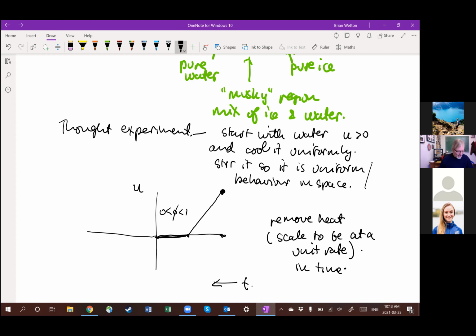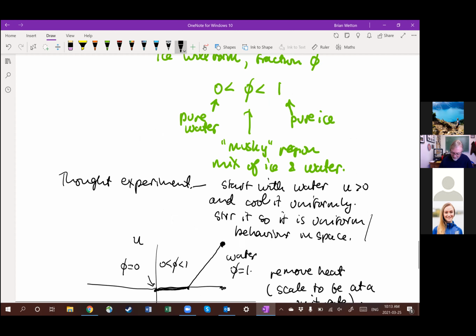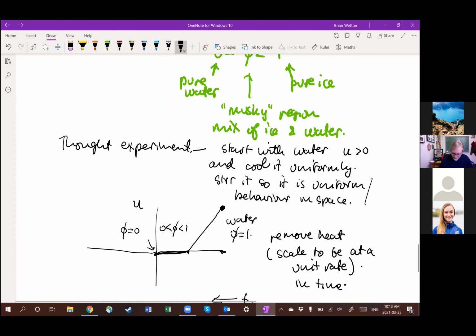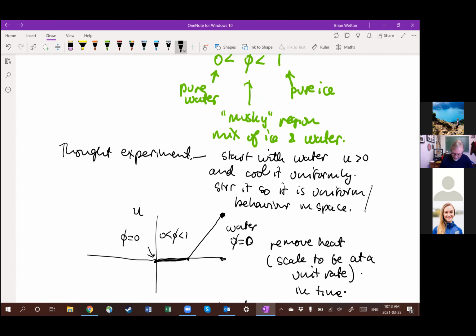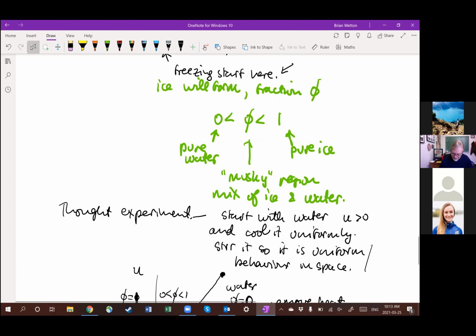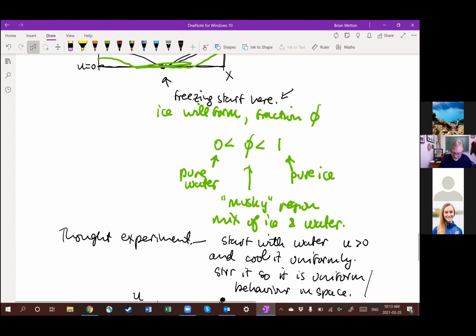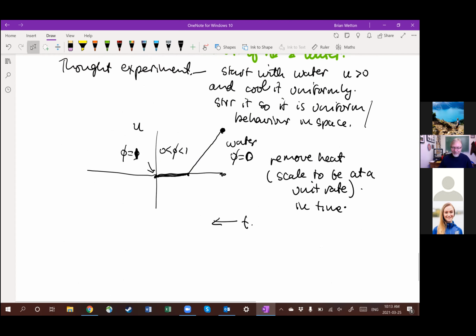Here is water out here, and then once I'm here, there is where I don't have any water left. Oh, I got this backwards. Water is 0, ice is 1. Is that what I got? Yeah, okay, sorry. It's a fraction of water or a fraction of ice. I got mixed up there.